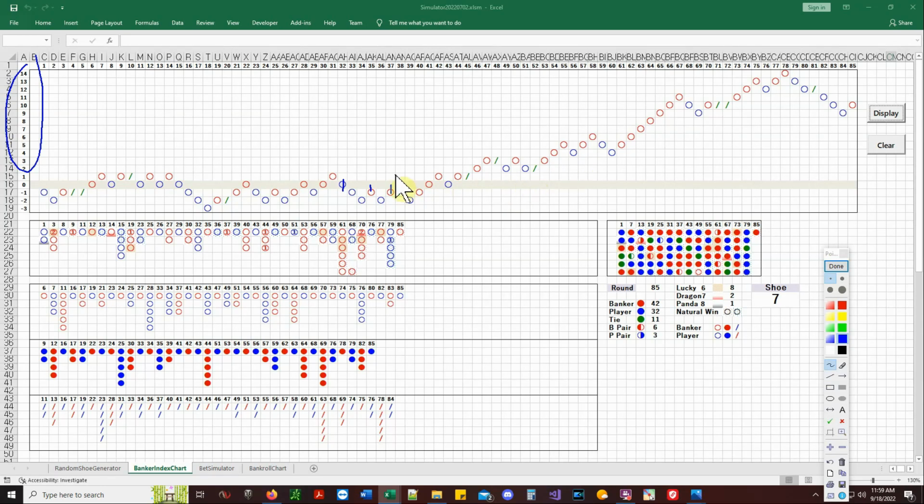All of that stuff comes into play. This is not easy by no means, even though I sit here and walk through charts. Hindsight's 2020. You sit down in front of that table with real money in front of you and real chips. You're on another level. You have to be sharp. You have to be paying attention to what you're doing.